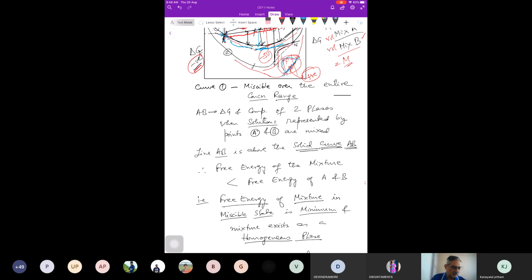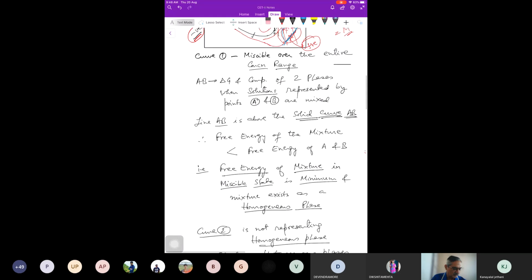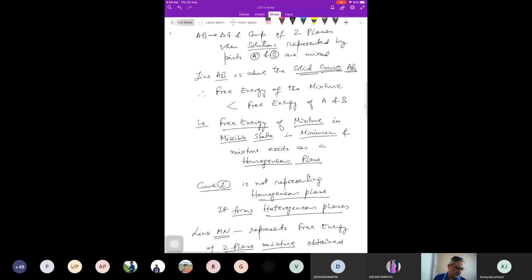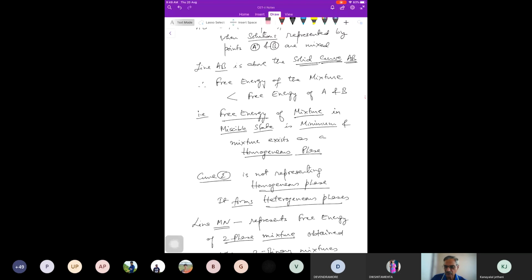And this is basically coming from mathematics. We'll see that. So free energy of mixture in miscible state is minimum and mixture exists as a homogeneous phase. Curve 2 is not representing a homogeneous phase, it forms heterogeneous phases.